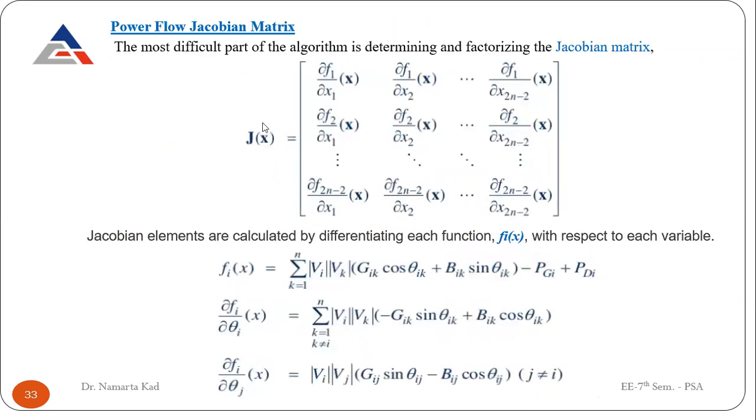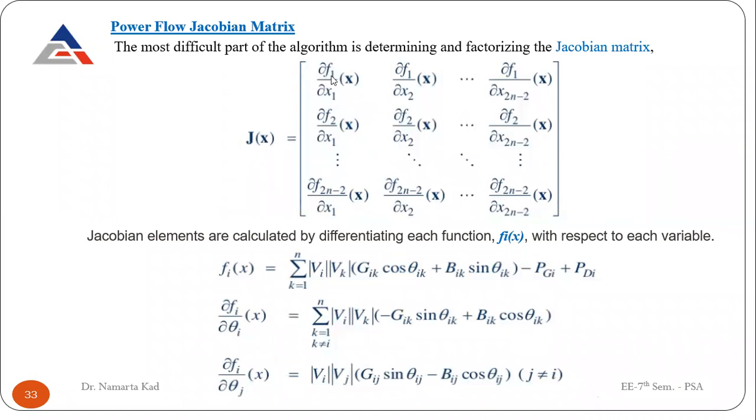Now just see J. This is the power flow Jacobian matrix. The most difficult part of the algorithm is determining and factorizing the Jacobian matrix. Lots of calculations are involved, and it is solved by differentiating each element of the function with its particular variable.